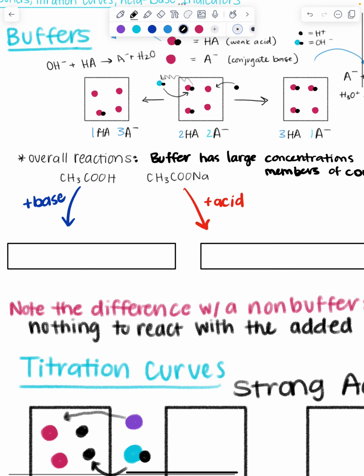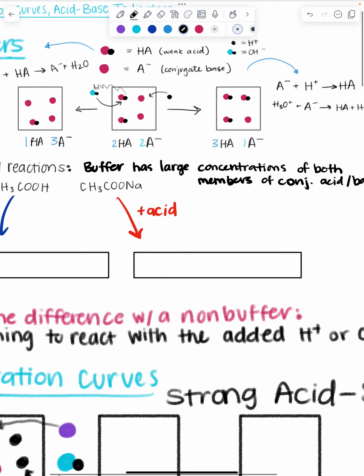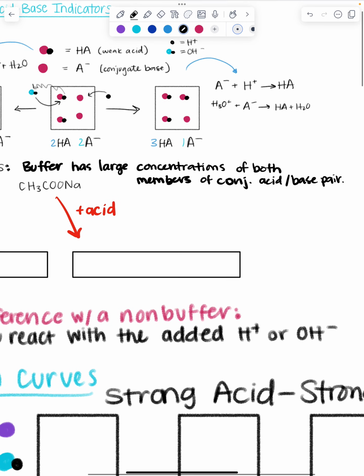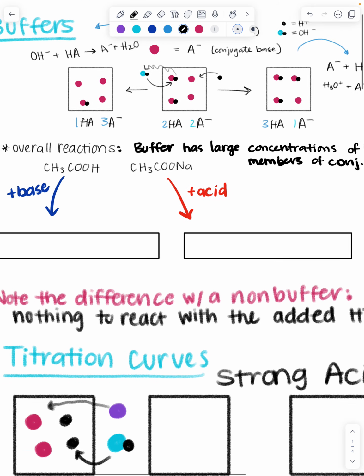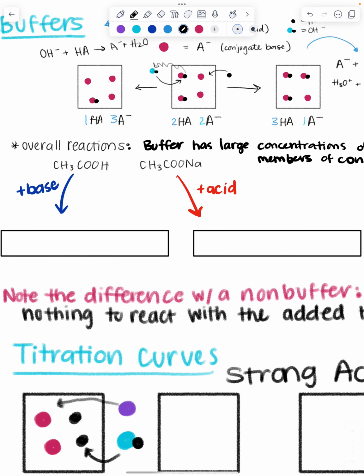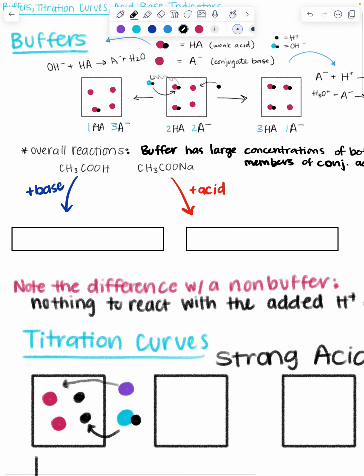So if I just look at this example, remember buffers, and this is an AP concept that you need to make sure you understand: buffers have large concentrations of both members of the conjugate acid-base pair. So in order to be a buffer, you have to have both the weak acid and its conjugate base in solution in a large enough concentration to actually be able to resist the change in pH.